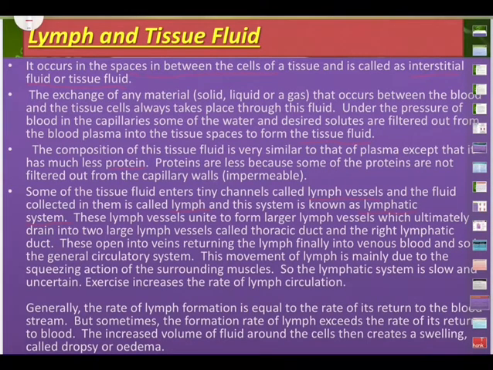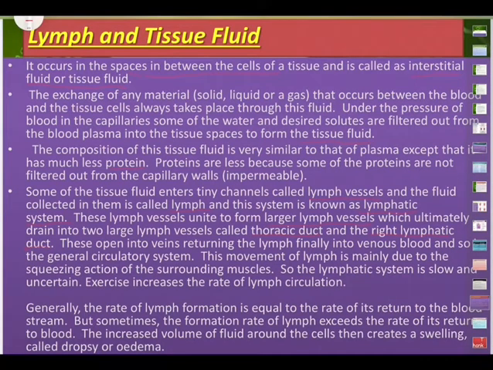These lymph vessels unite to form large lymph vessels, and these ultimately drain into two large lymph vessels called the thoracic duct and the right lymphatic duct. These open into veins, returning the lymph finally into venous blood, and so the general circulatory system.